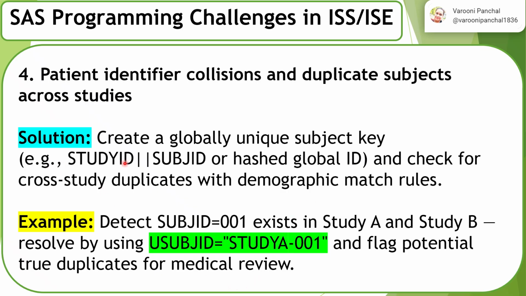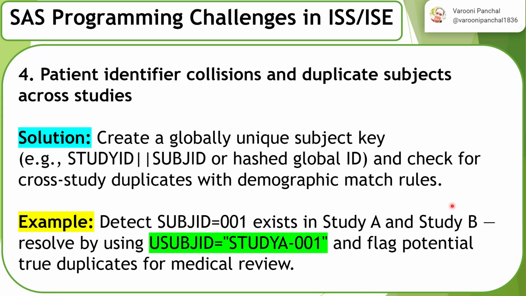Now the solution here is to create a globally unique subject key. Like I said in earlier videos also, you can combine the study ID, because study ID is going to be unique for all the 12 individual studies, right? So you can combine that with the subject ID or a hashed global ID.